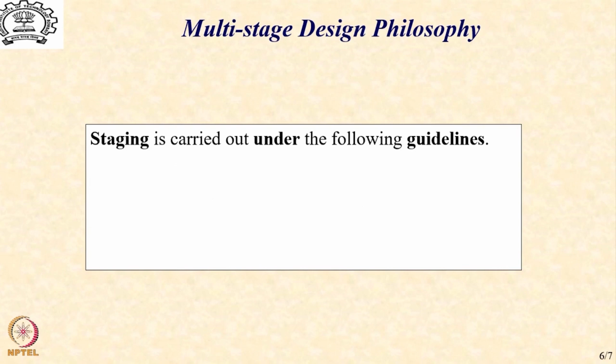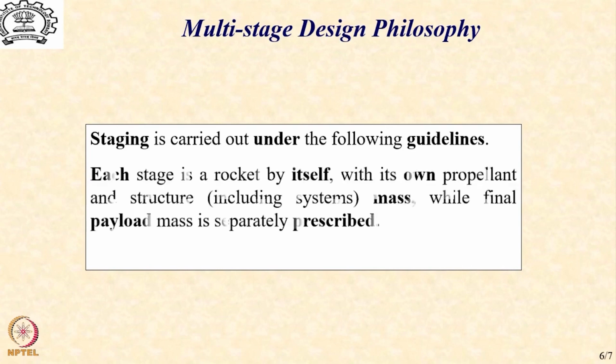So let us now understand the broad framework and philosophy within which this staging operation is going to be carried out. So let us recall that each stage is a rocket by itself with its own propellant and structure, including systems and mass, which is altogether termed inert mass, while the final payload mass is separately prescribed as m star, as we have seen in the example.